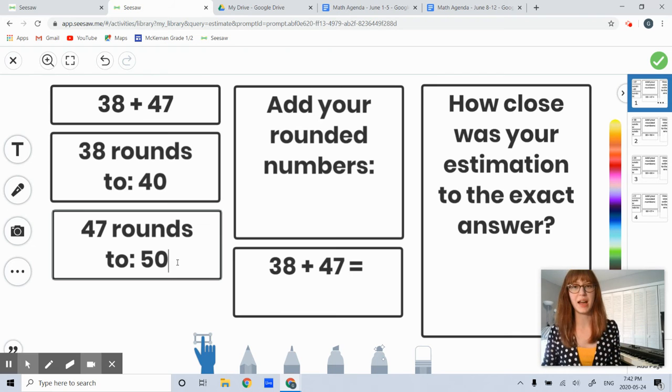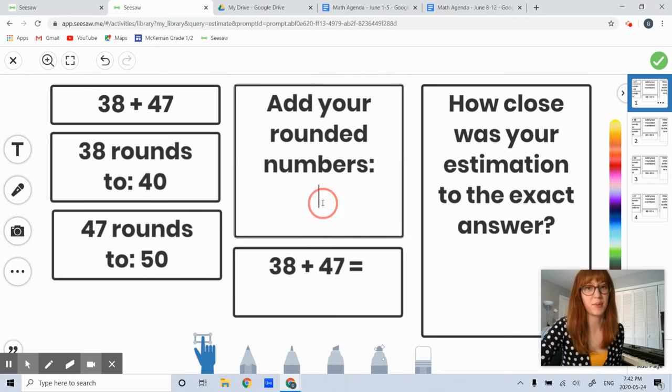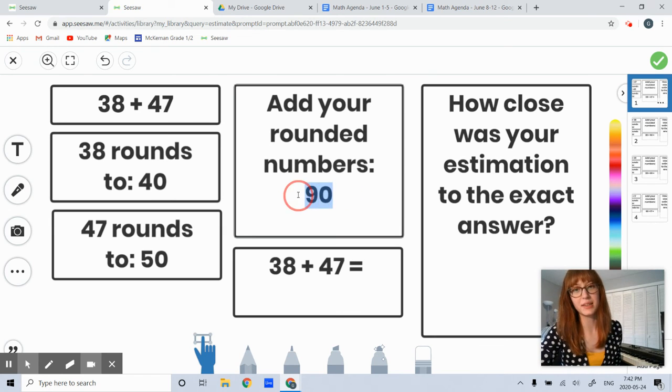Well, I know 4 plus 5 equals 9, and 0 plus 0 equals 0. So 40 plus 50 equals 90. Okay. So my rounded numbers, or my estimate, is 90.